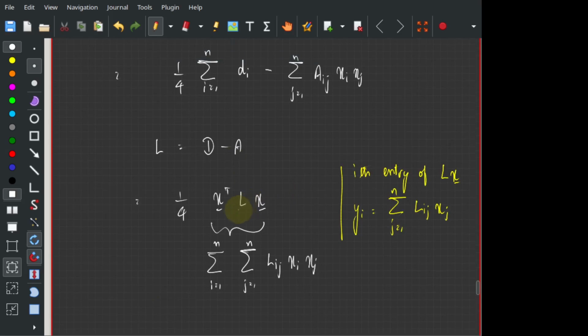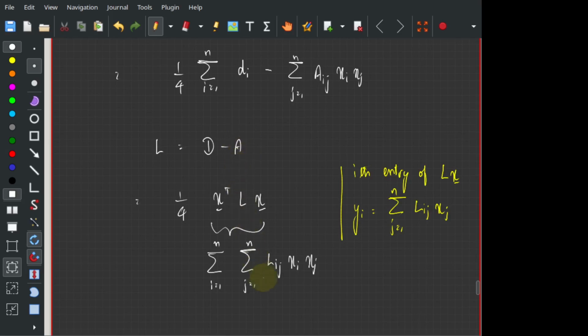Okay. So I have this particular quantity. It's a quadratic form, x transpose L times x, and this is equal to this particular quantity. You agree with that point? Now, what is Lij equal to? If i is not equal to j, then Lij is minus Aij.